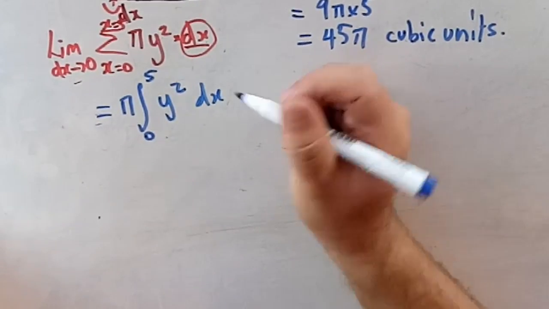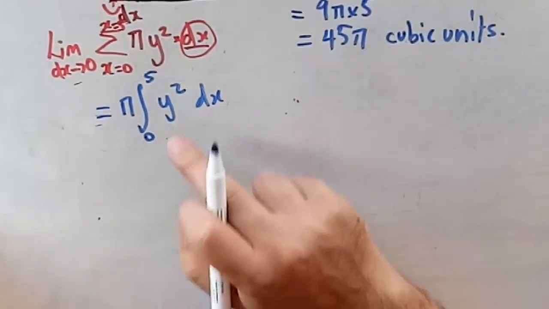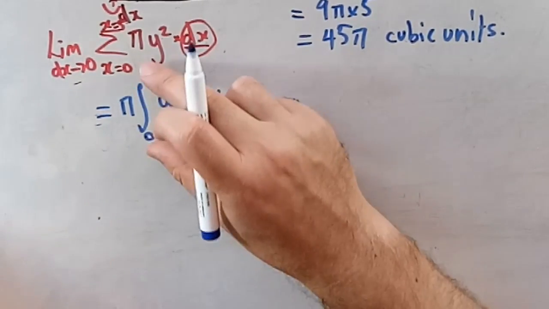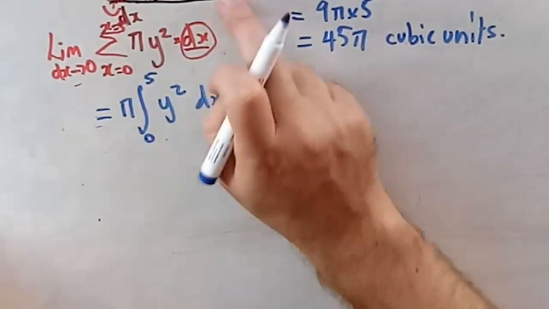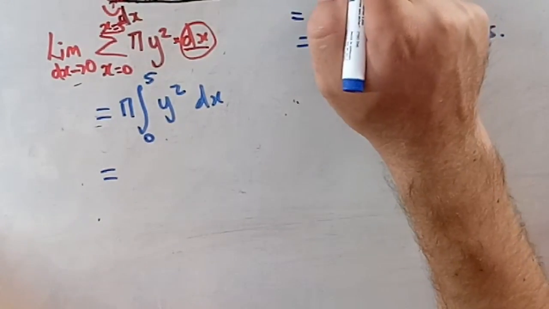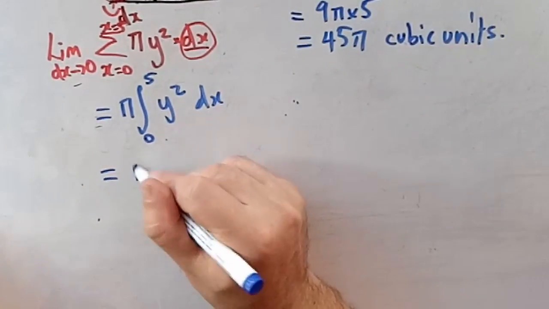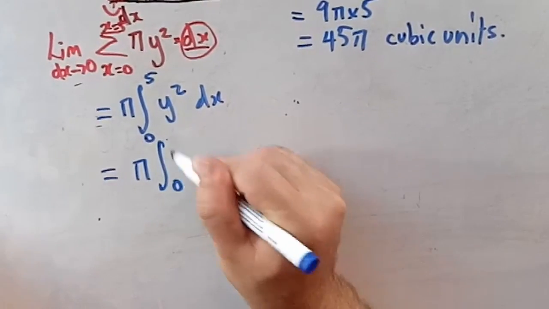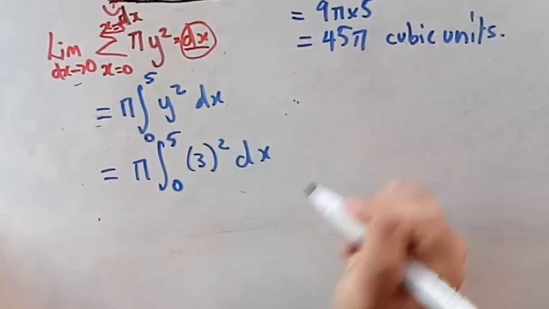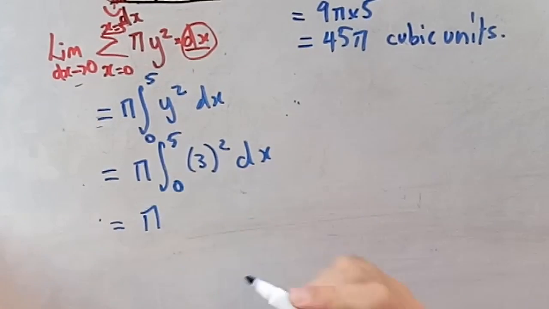And that's it. Okay, so we take the function, we square it, and we multiply it by pi, and we take it as a definite integral between them there. Okay, so let's try it. So the function of y here is just 3. So now I've got pi, 0, 5, 3 squared dx. Okay, let's take that integral.